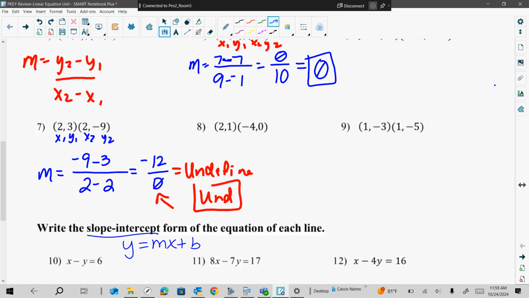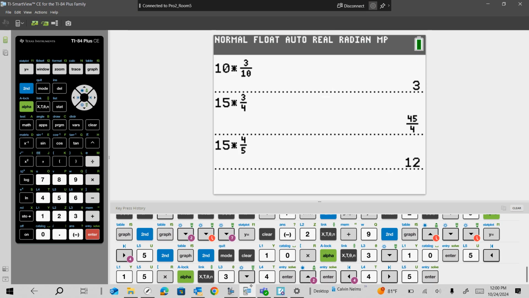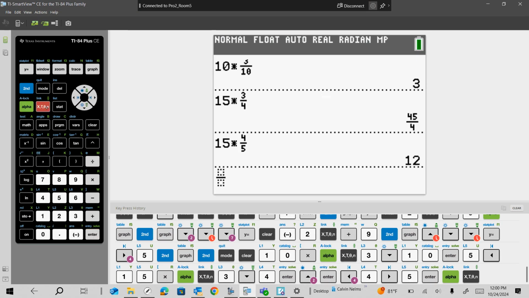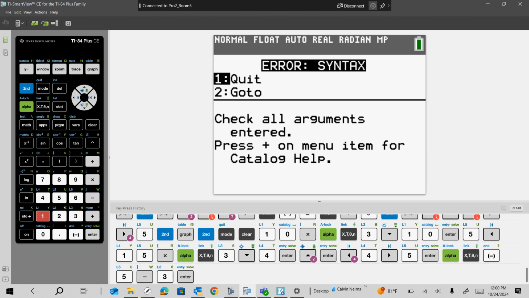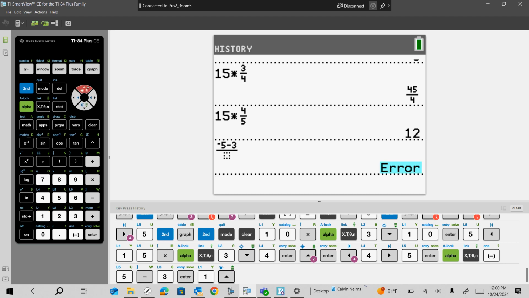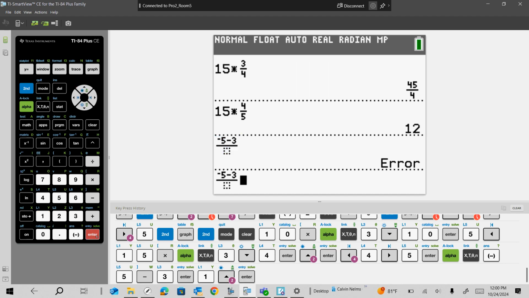What I was trying to get to is that when you set it up into the formula, negative 5 minus negative 3, 1 minus 1, if you use your calculator and you do alpha x, that gives you the fraction box. Forgot to put the bottom number, sorry.